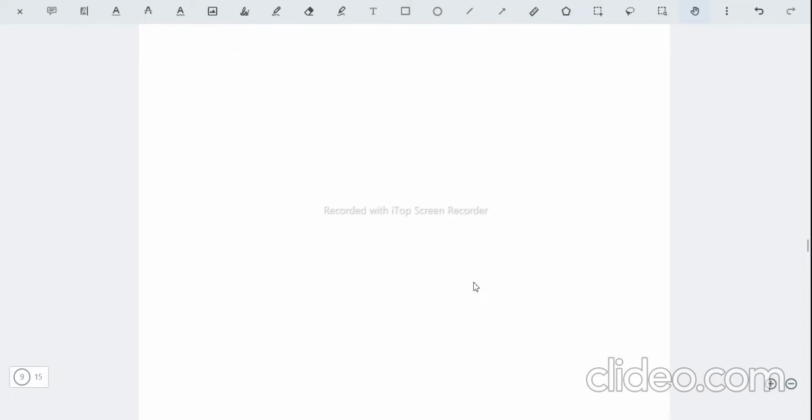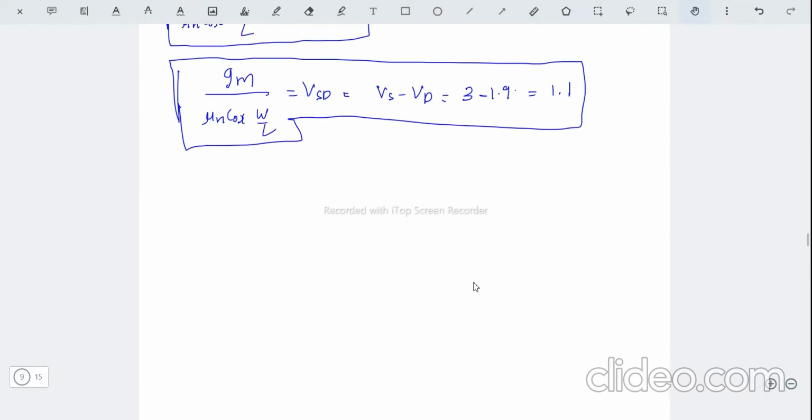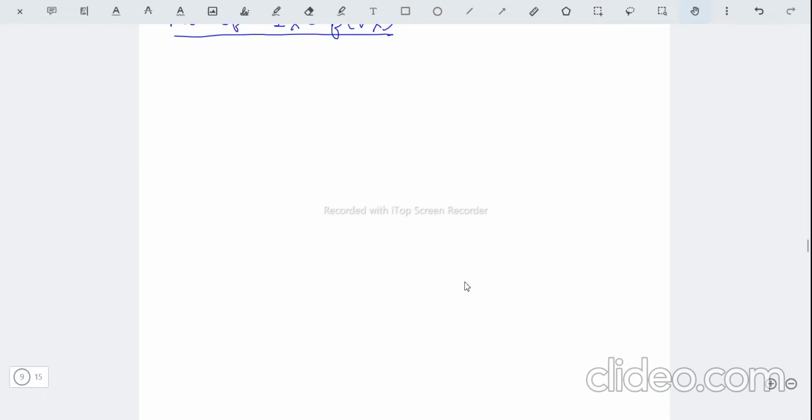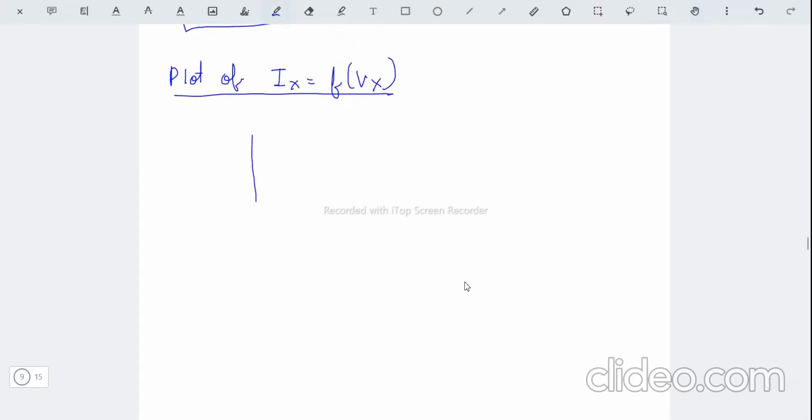Now we shall plot Ix and Gm as a function of Vx. So the plot of Ix as a function of Vx: in x-axis Vx is varied, in y-axis normalized value of Ix is varied.